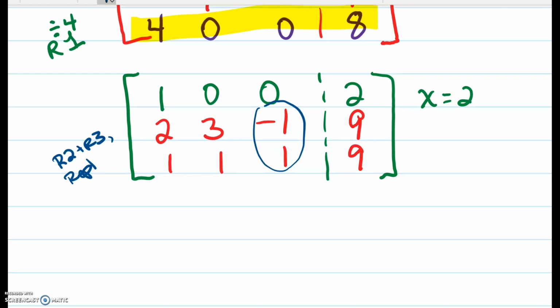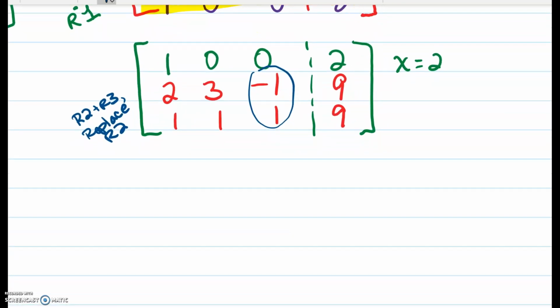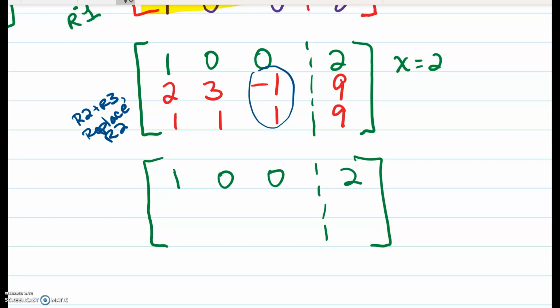I'm having a little bit of technical difficulties here. I'm going to replace row 2. First row is going to stay the same. The last row is going to stay the same.